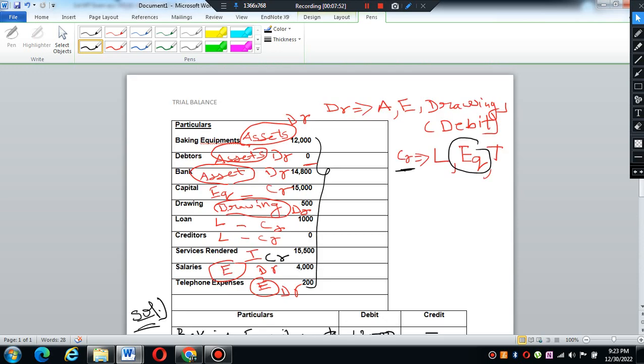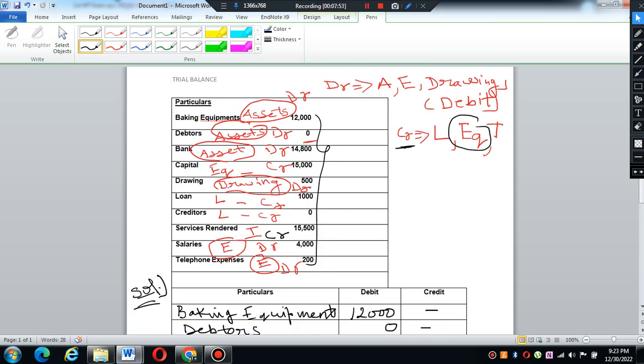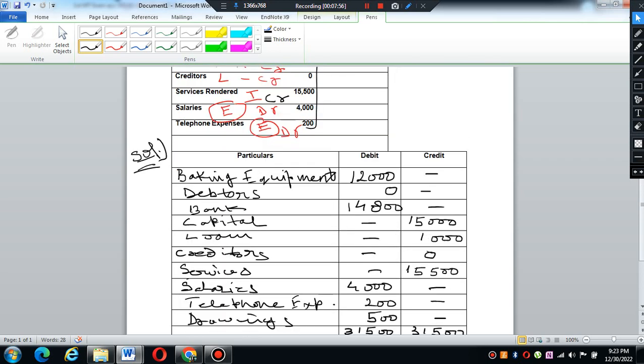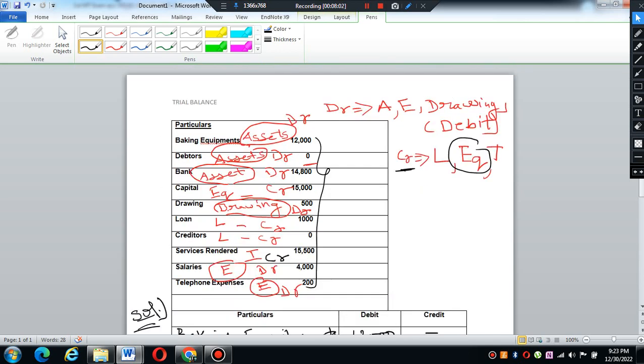Another simple method is to write all the transactions order wise here, then find out which are assets, expenses and drawings.